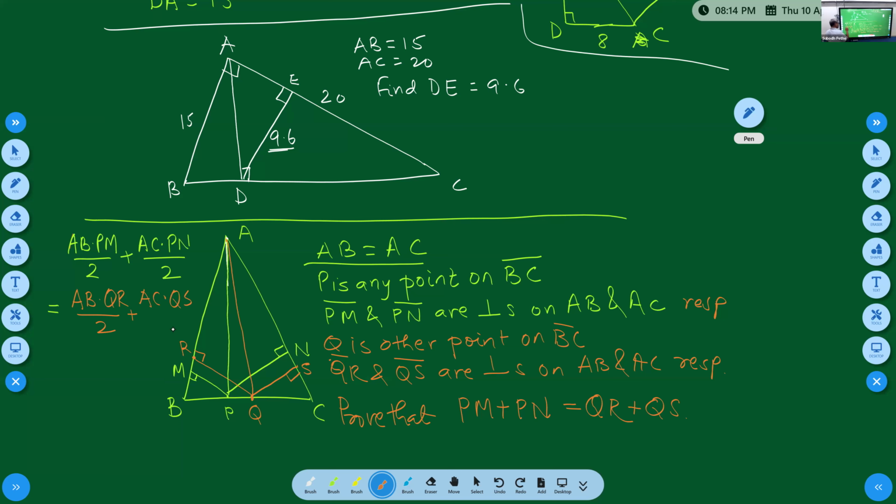This is area of ABC. This is also area of ABC. And you will find that AB is equal to AC, the 2 everywhere getting cancelled. PM plus PN is equal to QR plus QS.